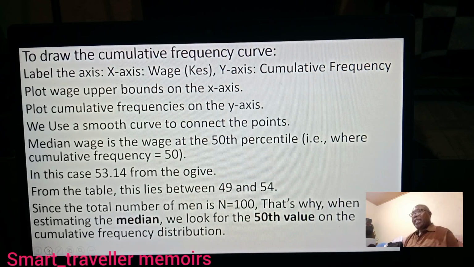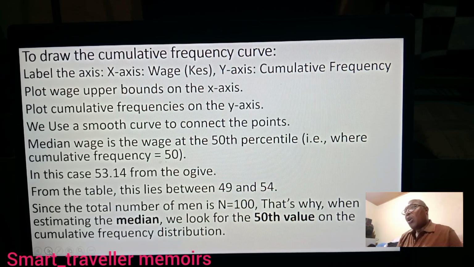So we will take the range upper bounds, and we have the upper bounds are 34, 39, 44, 49, 54, 59, 64, and 69. And the cumulative frequencies are 4, 10, 20, 34, 56, 80, 94, 100.